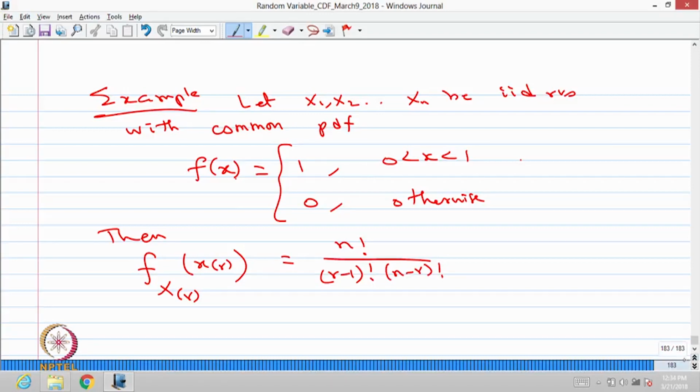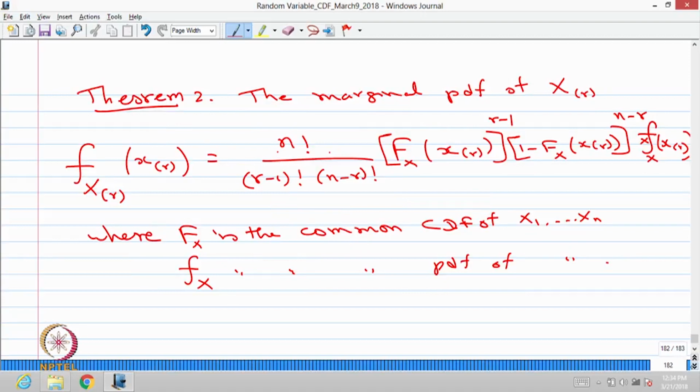Then you have to substitute the CDF as well as the probability density function.